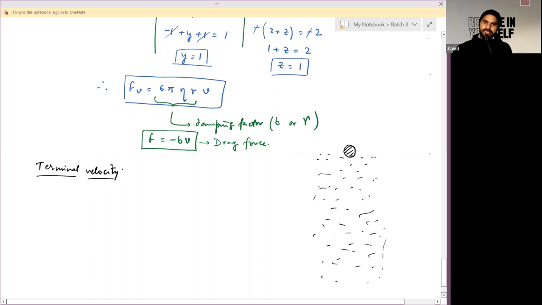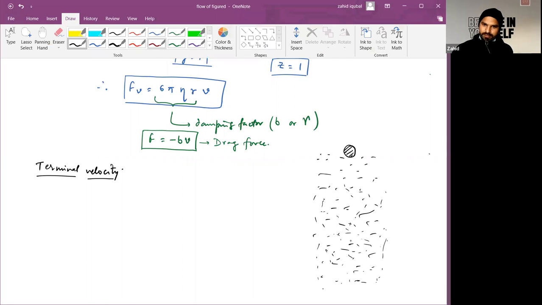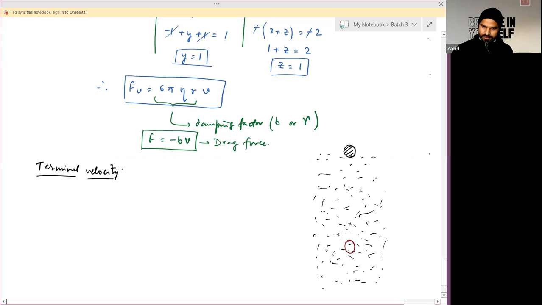So if a body is projected in a viscous medium, it may experience viscous force which will oppose its motion. So its velocity will continuously decrease. At some instant, the net force acting on it will be zero. Suppose this object acquires this position.